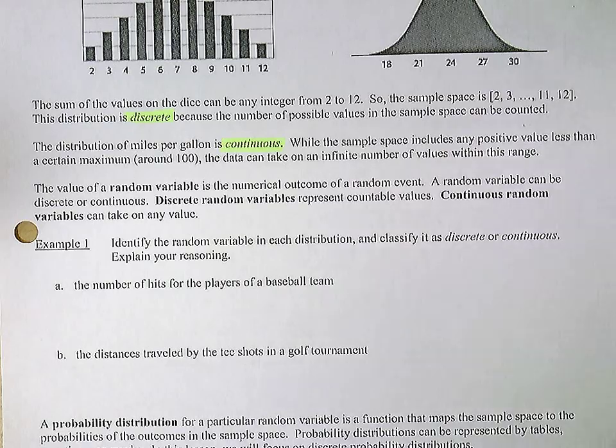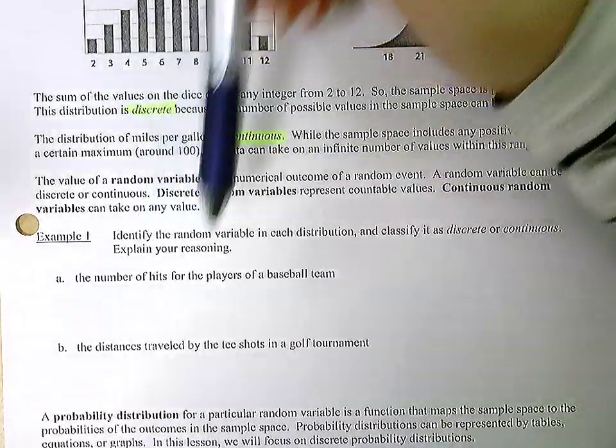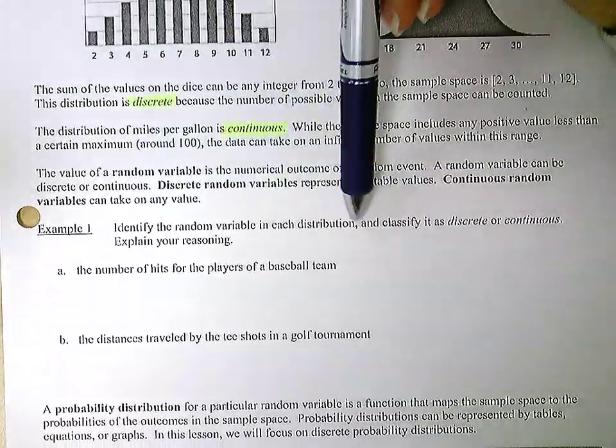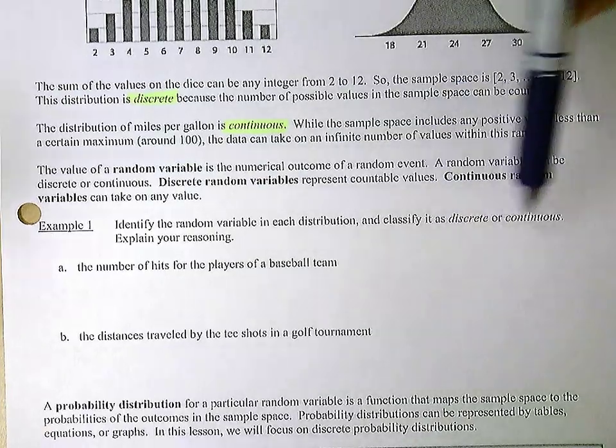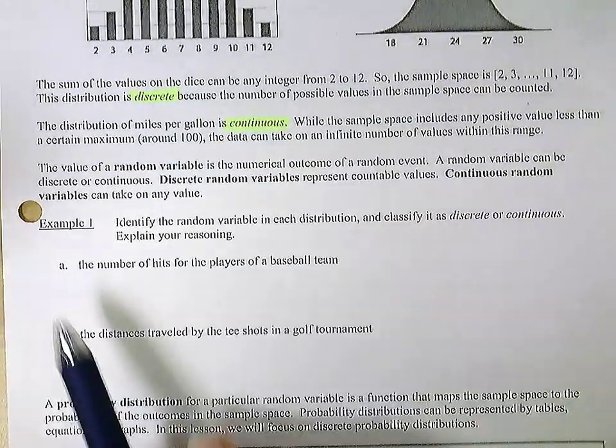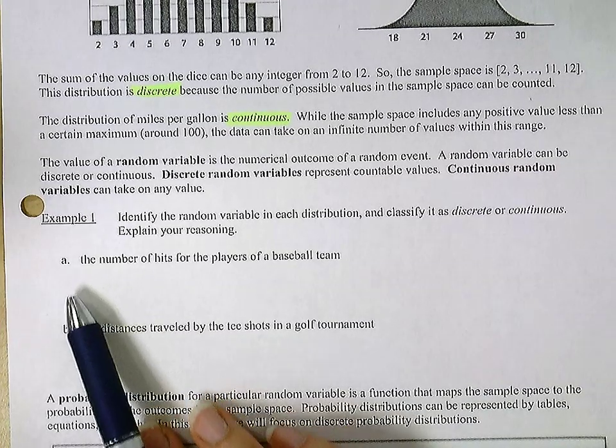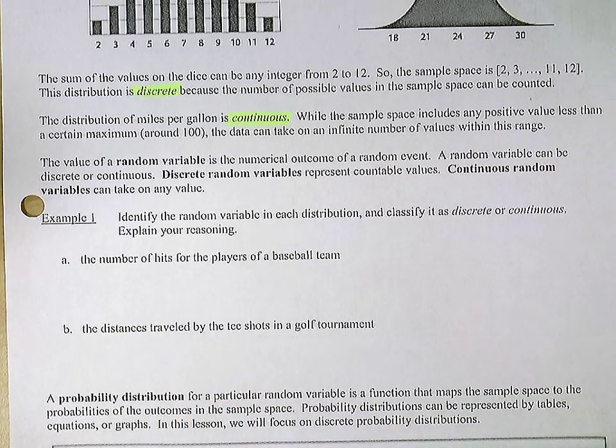So in example 1, identify the random variable in each distribution and classify it as discrete or continuous. So letter A, we have the number of hits for the players of a baseball team. Are we able to count that, or is that continuous? You can count it, okay? So this one will be discrete.